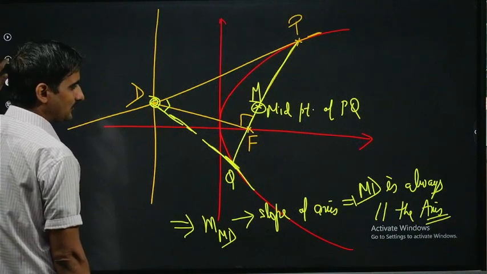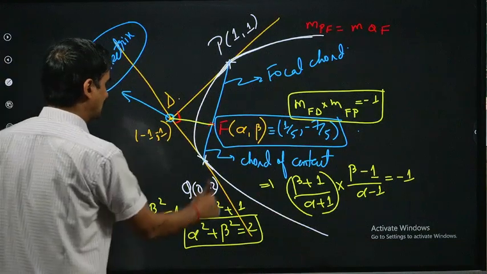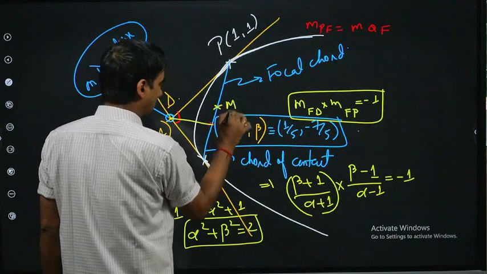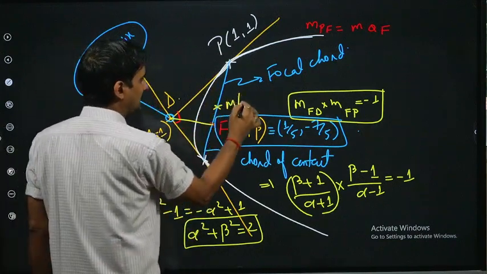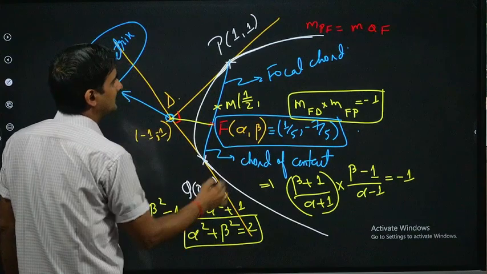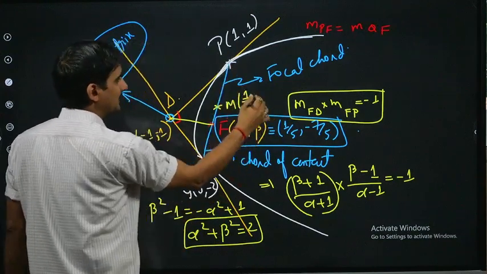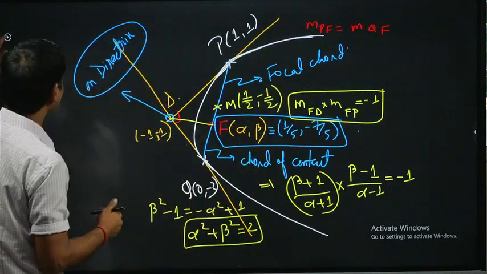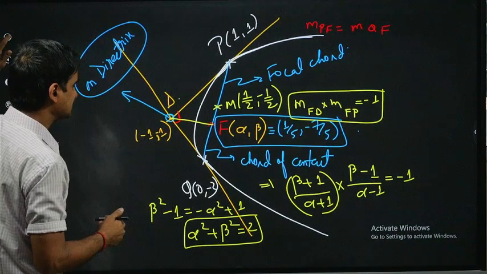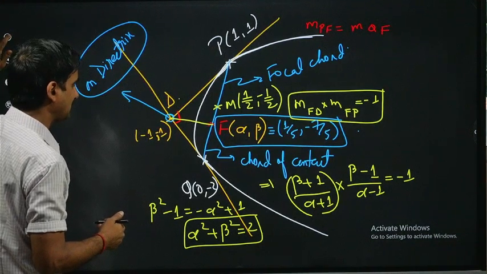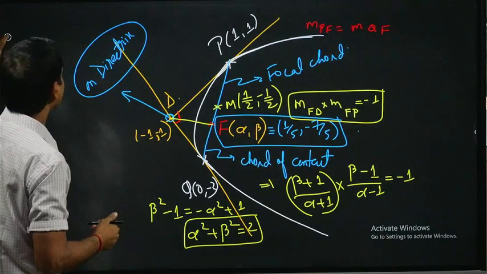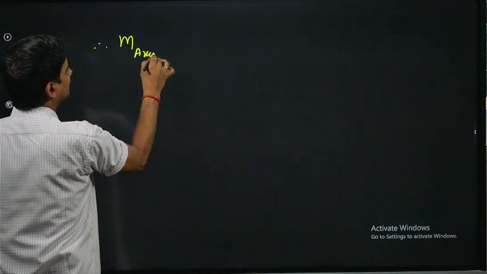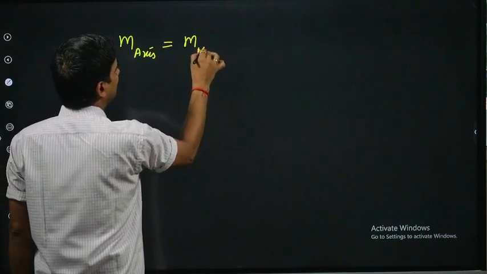So now we have axis equation also bachcho. Why? Because we have already got the focus. Now let us write the midpoint. So midpoint of P and Q is half comma, I think minus half. Yeah, minus half. Therefore slope of axis is the slope of MD, minus half minus 1 over half plus 1. So slope of axis is same as slope of MD.